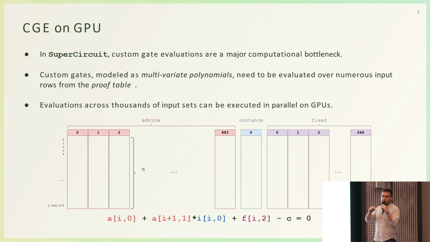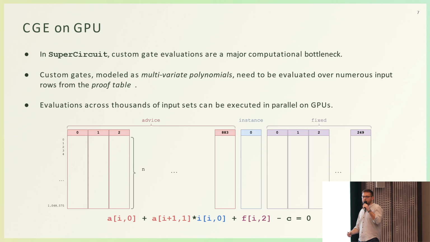These inputs come from the proof table. If you are a bit familiar with the internal workings of Halo 2, all the inputs and the intermediate values are collected in a big table, which is split into different column types: advice, instance, fixed, lookups, and others.